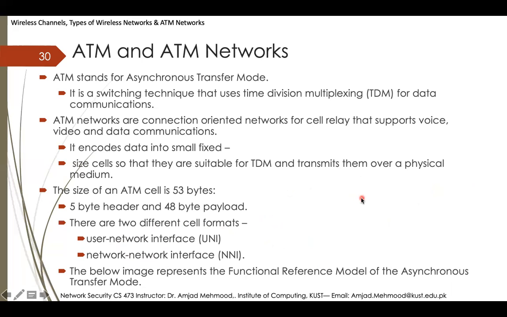If a user or a sender sends its data to the receiver, first it reaches the router. The interface between your device and the router is called user network interface, and one router is connected with another, so the interface between these two is called network interface.